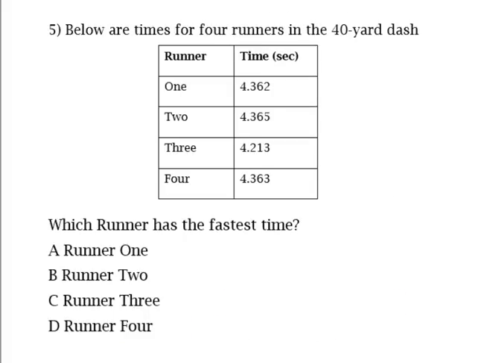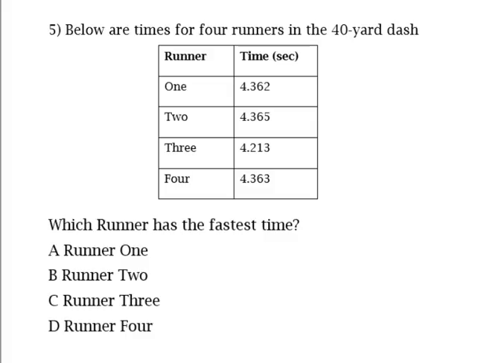The next question for number 5 is, which runner has the fastest time? The values for the runners are still the same. Runner 1's time is 4.362. Runner 2's time is 4.365. Runner 3's time is 4.213.